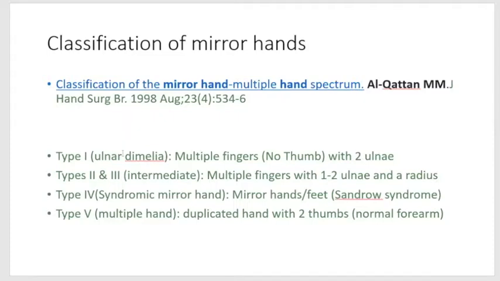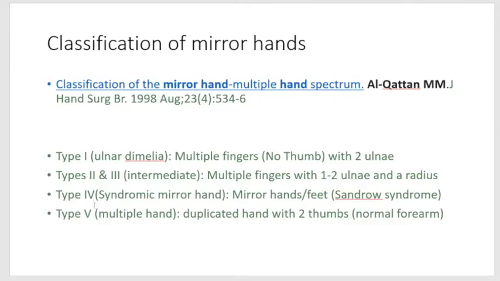Type 1 is the usual ulnar dimelia, as we said, multiple fingers, no thumb, and 2 ulna. Type 2 and 3 are intermediate forms where you also have multiple fingers, but the forearm may have variable variations, usually a radius and 1 or 2 ulna, and one of the ulna will be hypoplastic.